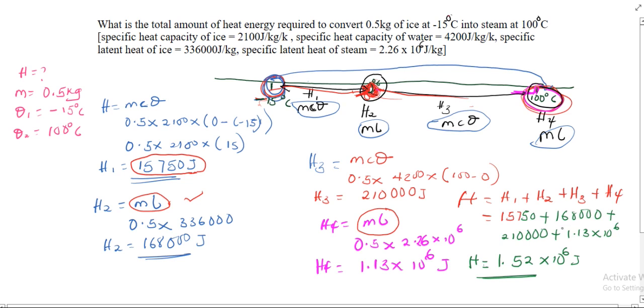So this is our final answer. I believe this is very clear, right?